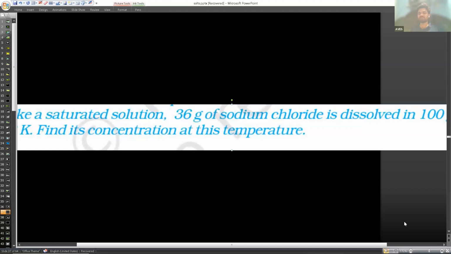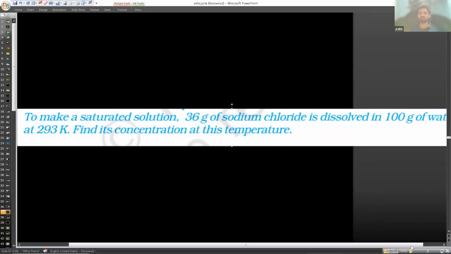Here we have a question. Please try to solve it. It is from NCERT.